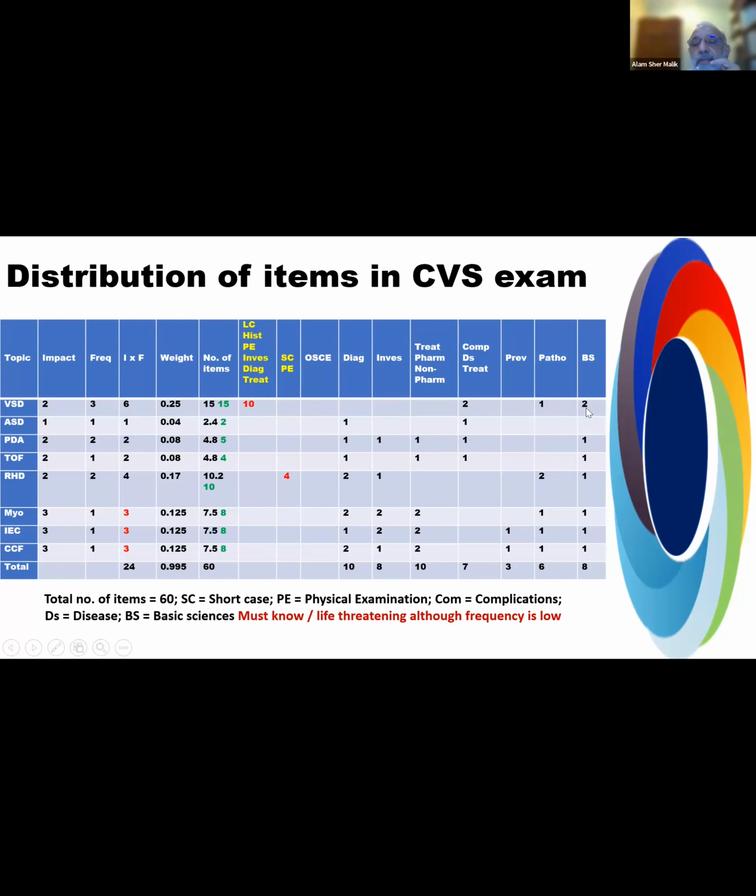So in this way, we cover all the diseases, calculate their number of items, and then divide the questions so that we cover that topic very thoroughly and without duplicating.